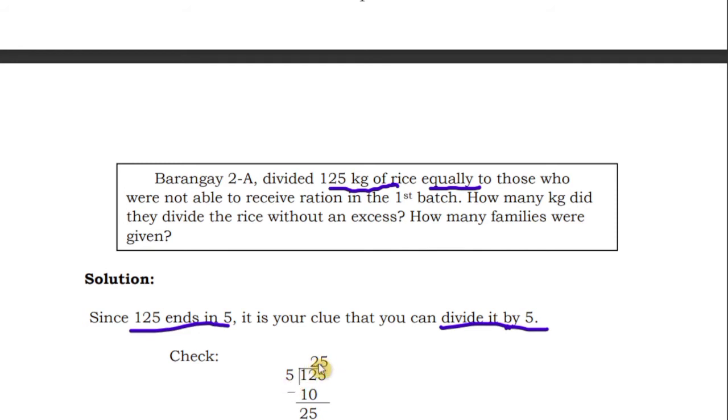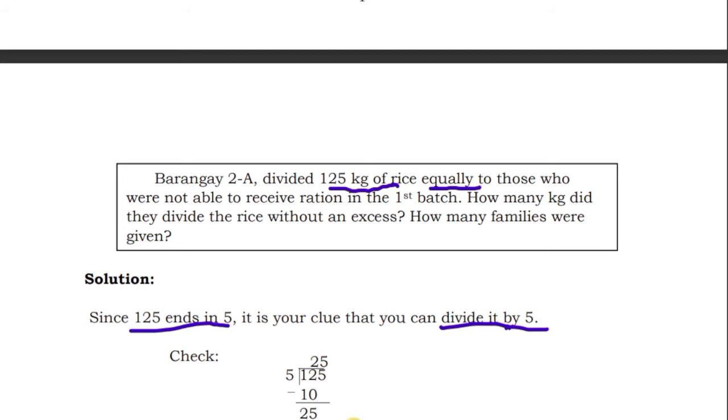Then 2 times 5 is equal to 10. Then we subtract 10 from 12, so we have 2. Bring down 5. Then 25 divided by 5, and that is 5. We put that in the upper portion here. Then 5 times 5 is 25, and 25 minus 25 is 0.